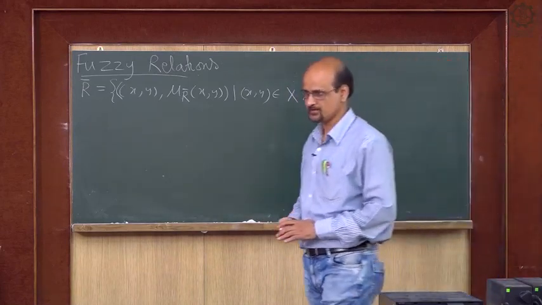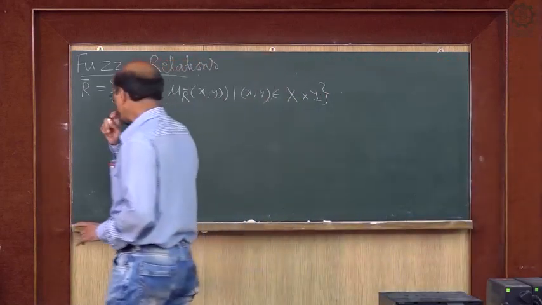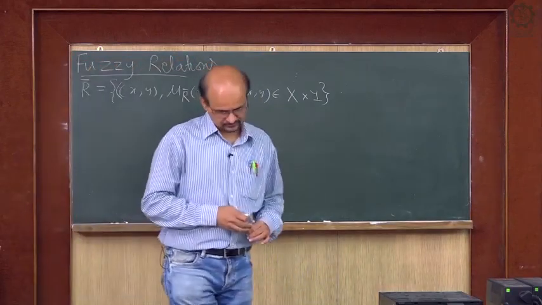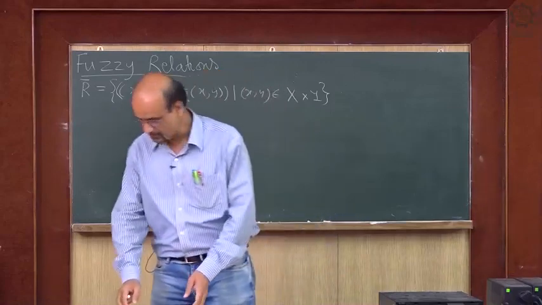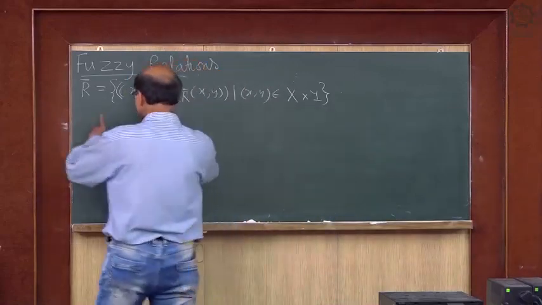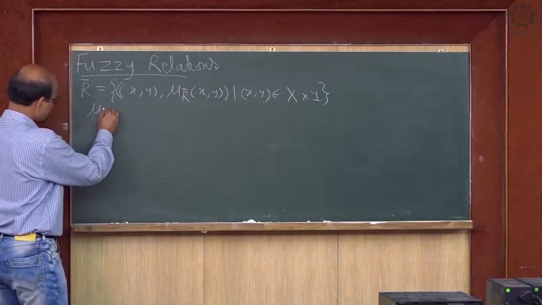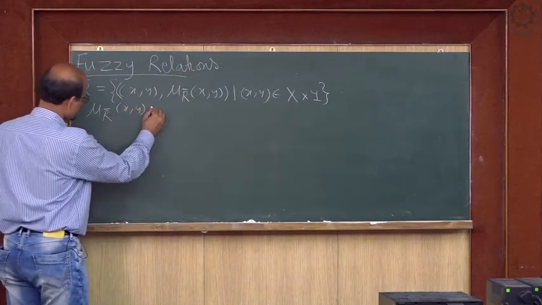When R bar is a relation from product space X to product space Y, I wrote one example about temperature and pressure. So, let us take that example. Moreover, if I write mu R bar, what is this? This is the membership degree of (x, y).